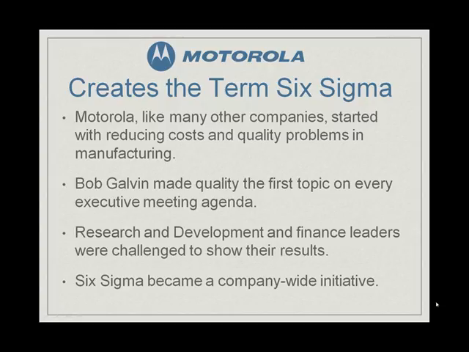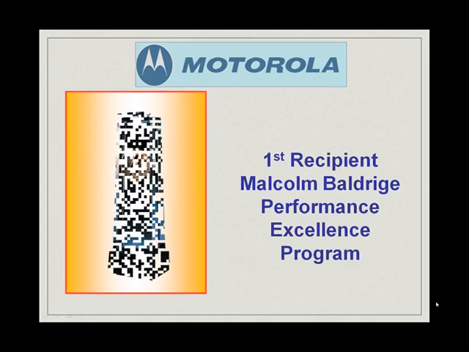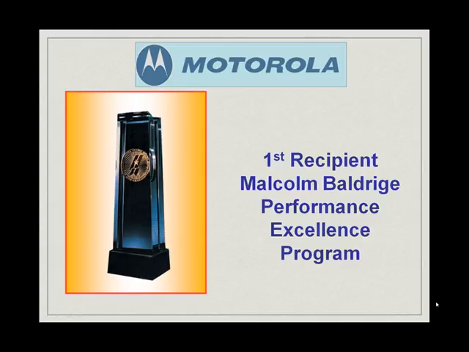And this really wasn't an overnight idea that was developed by Bob, but it was actually one of his researchers that came to him and said, I have this set of skills that I feel if we teach everyone in the organization, we can communicate in a common way about the quality of everything we do in the organization. So slowly, Six Sigma became a company-wide initiative throughout the organization. And with Bob making quality the first topic on every executive meeting agenda, it rapidly gained traction. It actually led to Motorola being the first recipient of the Malcolm Baldrige Performance Excellence Award.